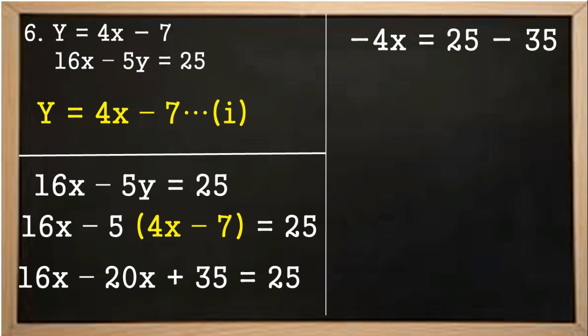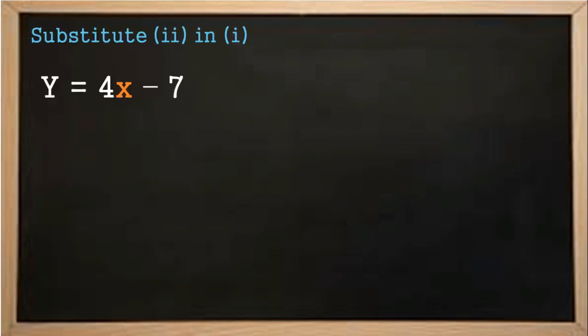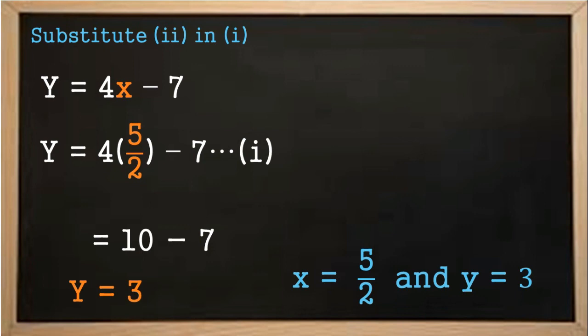Shift plus 35 to the other hand side. It results as minus 35, and minus 4x is equal to minus 10. Value of x is 5 by 2. Now substitute in result number 1. Hence the value of y will be equal to 3, and x is equal to 5 by 2 and y is equal to 3.